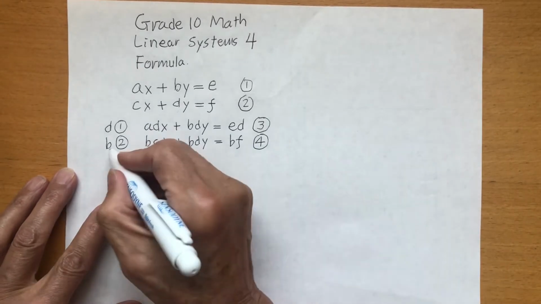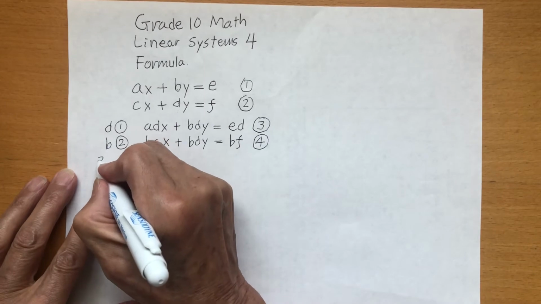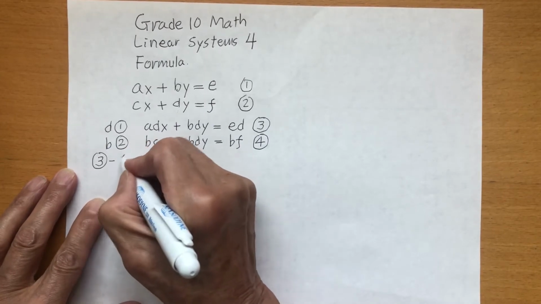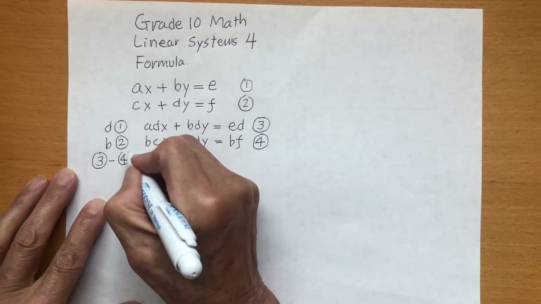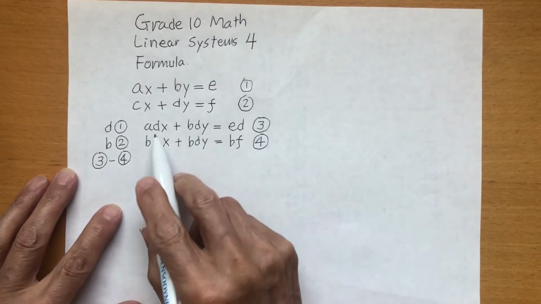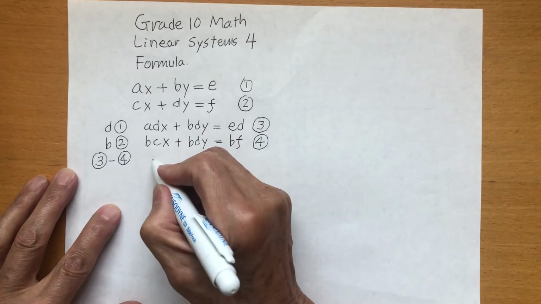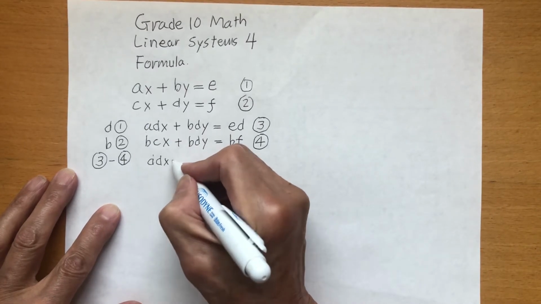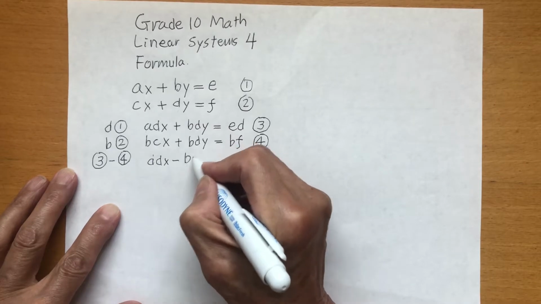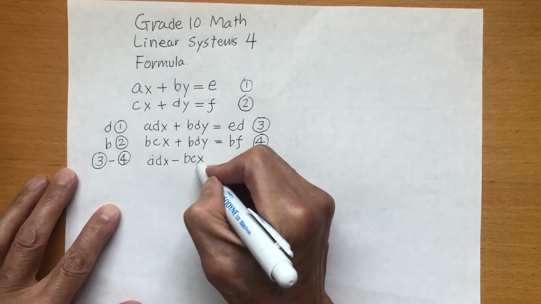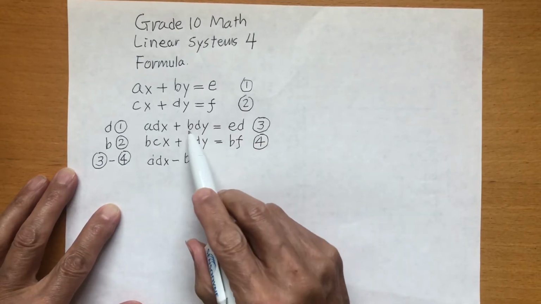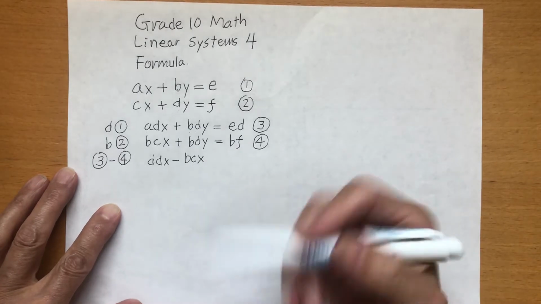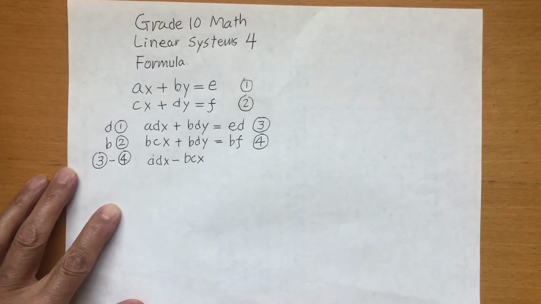Now I do equation 3 minus equation 4. And then I see ADX minus BCX. And here, BDY minus BDY, they cancel each other.